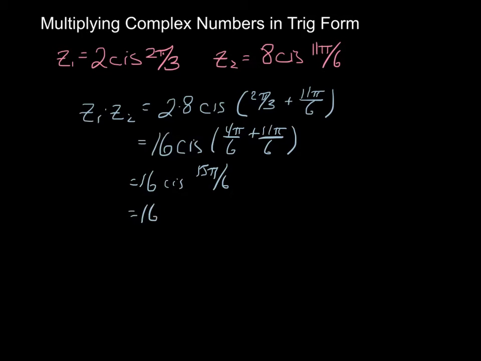And that simplifies to be 5 pi over 2. And 5 pi over 2 is really coterminal with pi over 2. So this here is the product of z1 and z2. So once again, you multiply the radii, 2 times 8, and then you add the angles together.